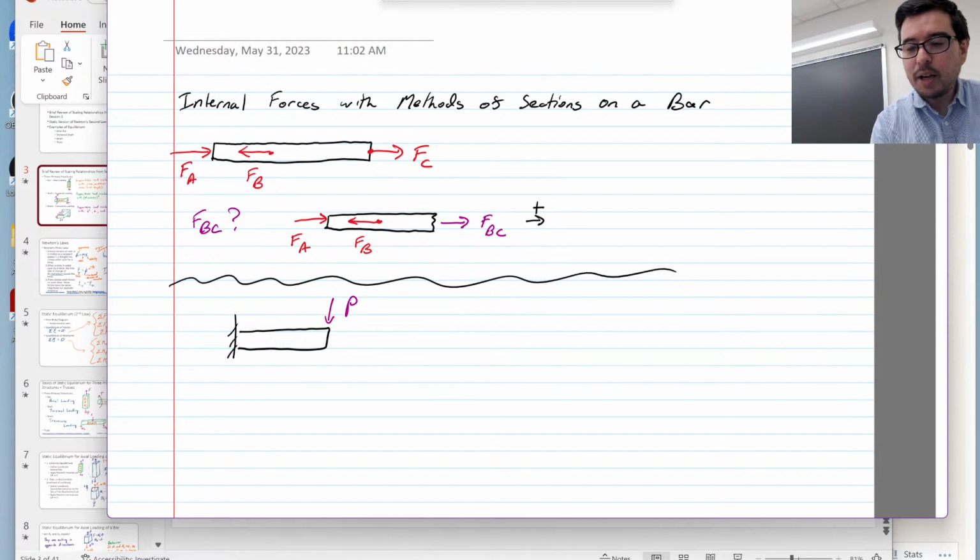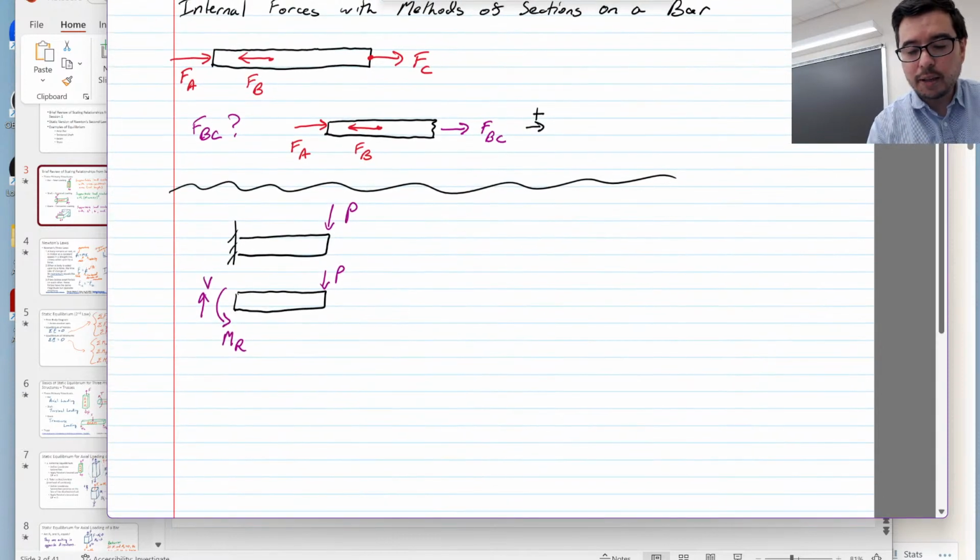So it's fine to take this and say it's going to be like this. It's also fine to say it's going to be like this, where I have P down. Actually, I'm gonna do R there, because that's not internal.